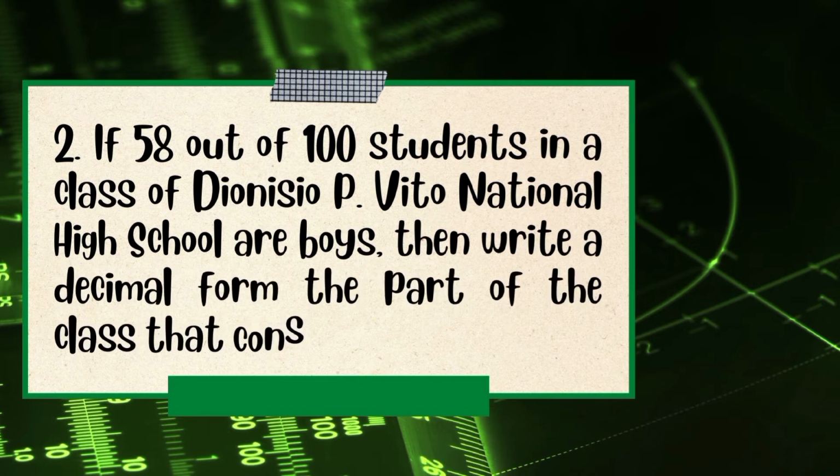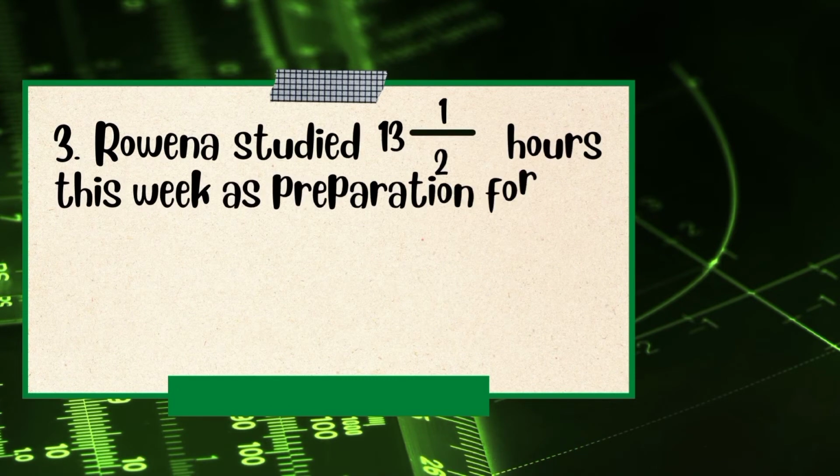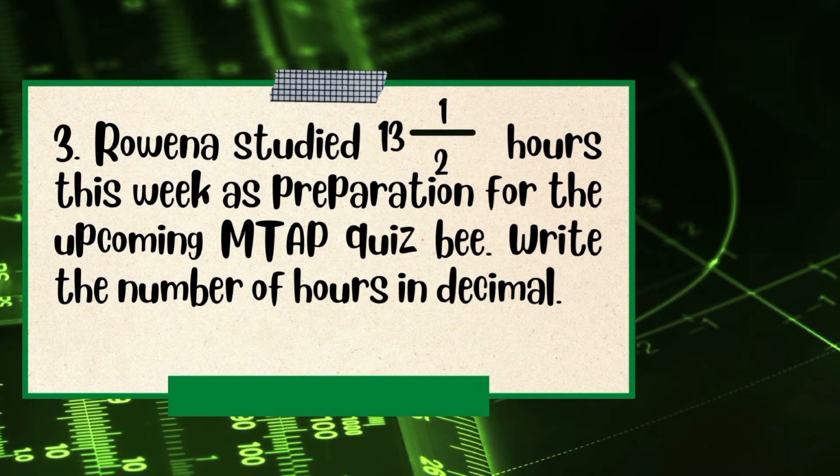If 58 out of 100 students in a class of Janisha P. Vita National High School are boys, then write the decimal form the part of the class that consists of boys. Number 3. Rowena studied 13.5 hours this week as preparation for the upcoming MTOP Quiz B. Write the number of hours in decimal.